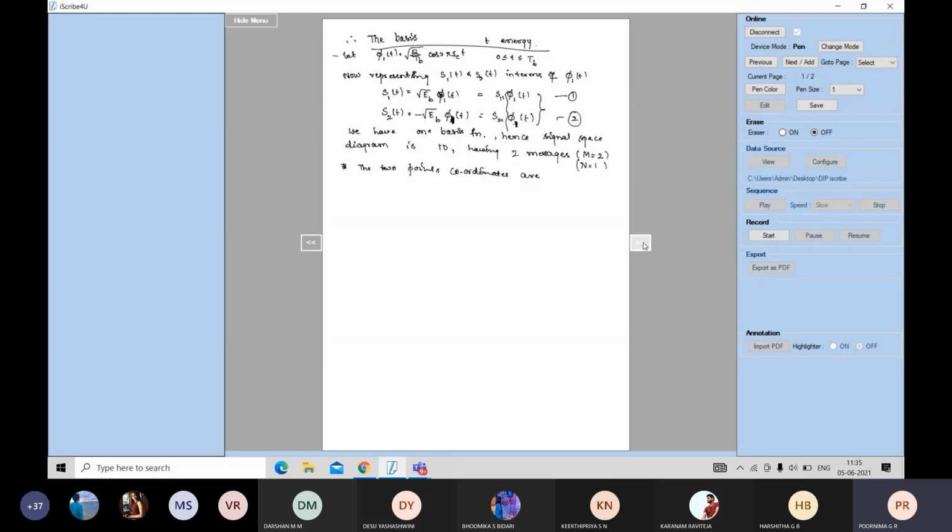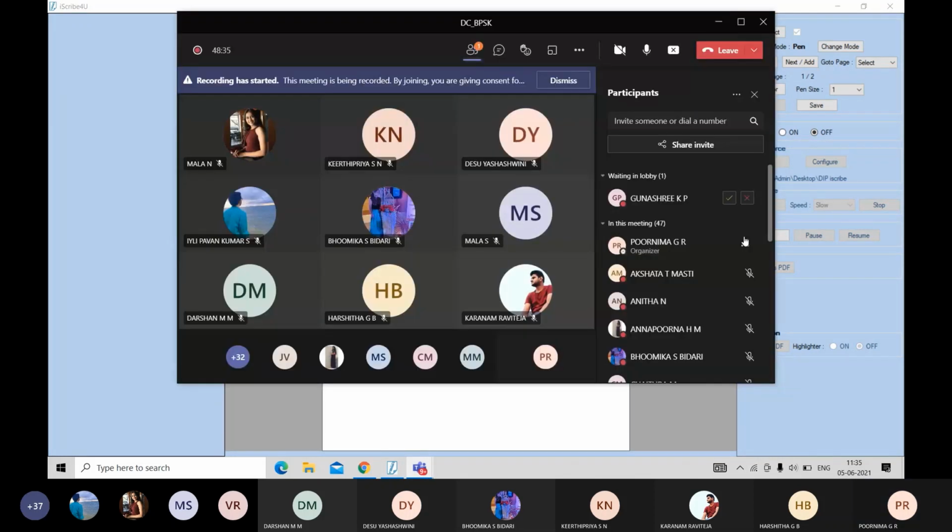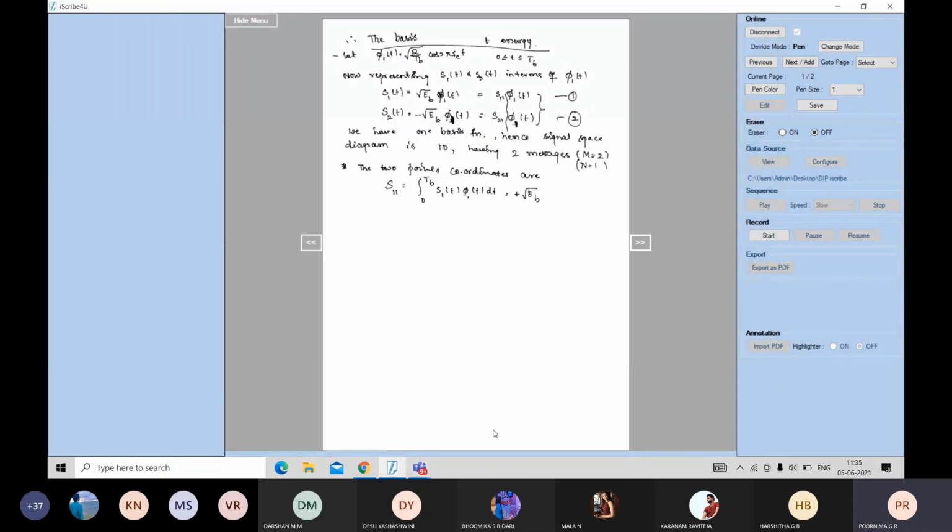S11 is the integral from 0 to TB of S1 of t into phi 1 of t into dt, which is equal to plus root EB. Then S21 is the integral from 0 to TB of S2 of t into phi 1 of t into dt, which is equal to minus root EB.